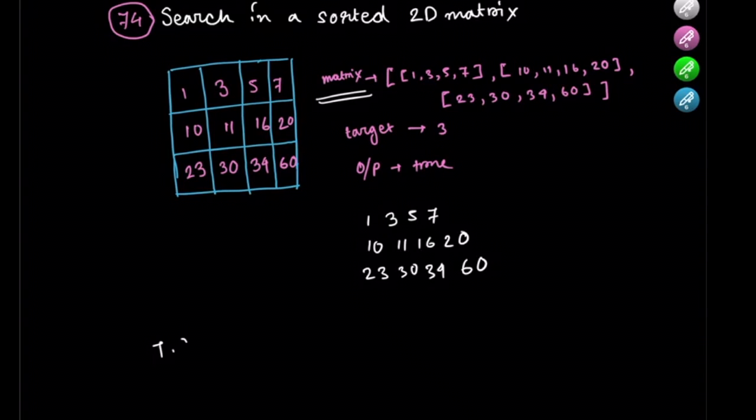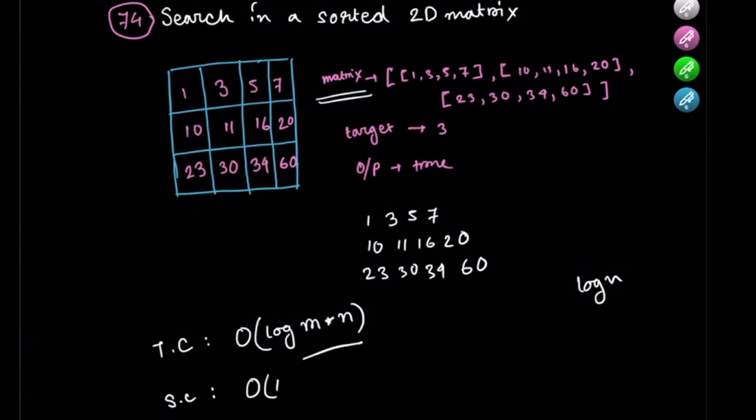Time complexity will be big O of log m multiplied by n, because binary search is log n, and there are m multiplied by n elements, rows and columns. And space complexity will be big O of 1, because we will not use any extra space. We may use some pointers, but that's it.